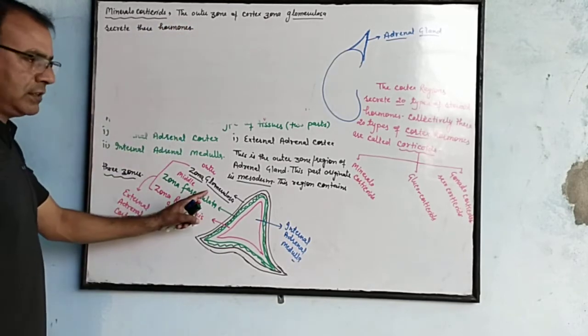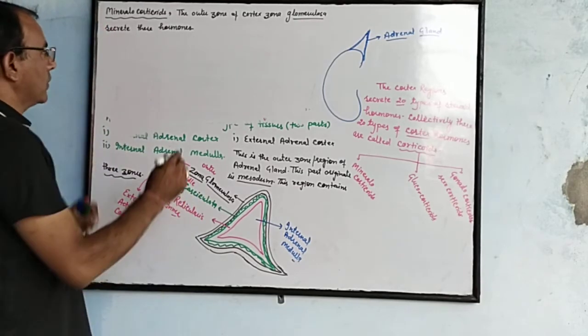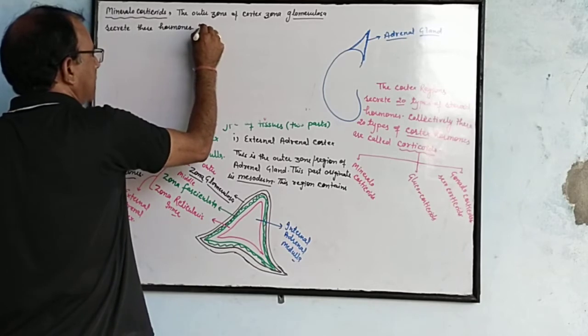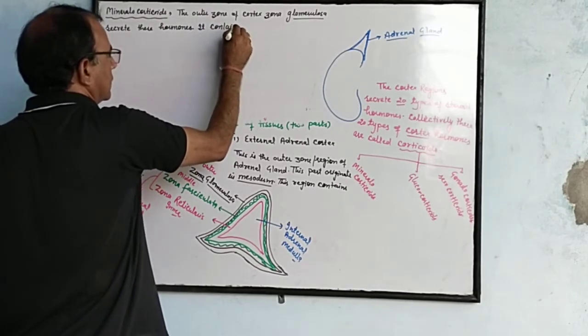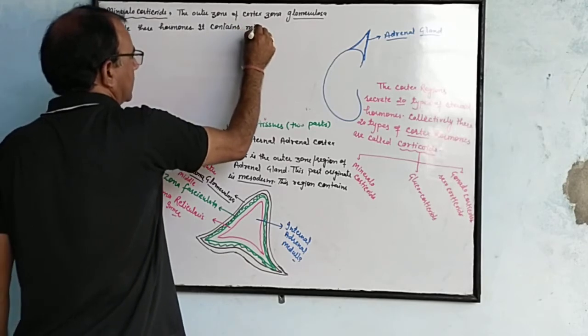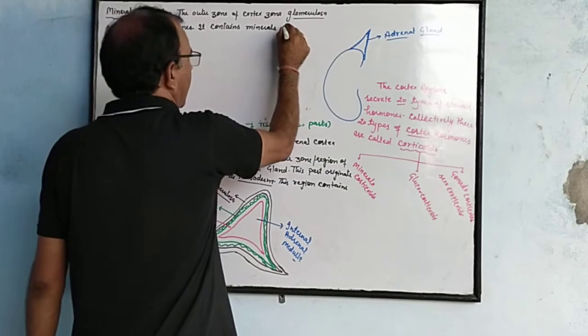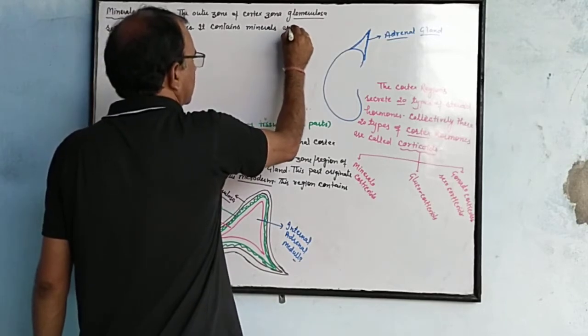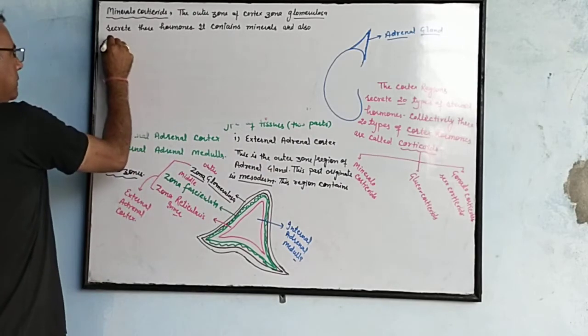The outer zone of the cortex, known as zona glomerulosa, secretes mineralocorticoids. It contains minerals and is also called aldosterone.